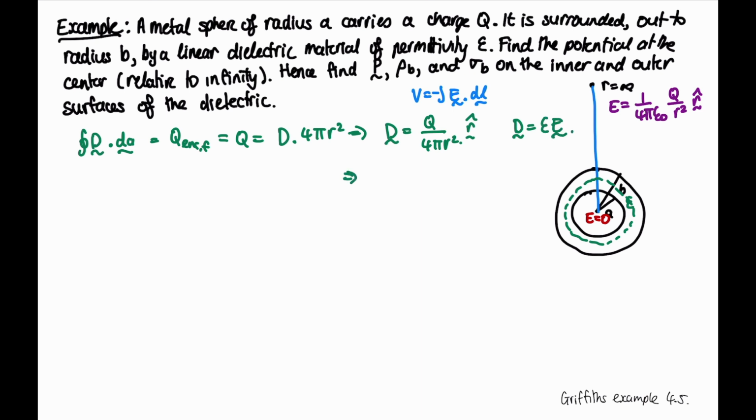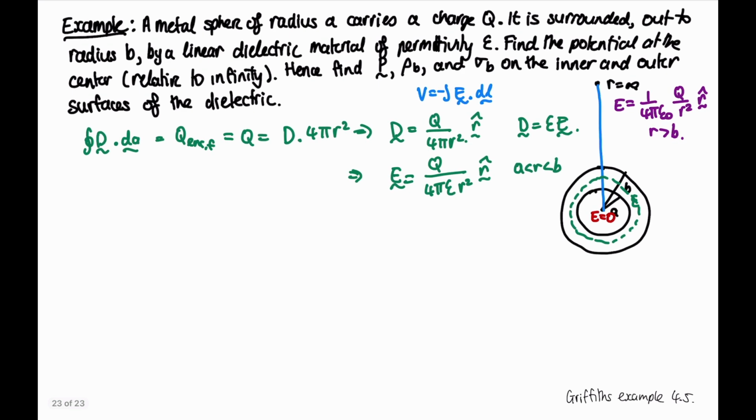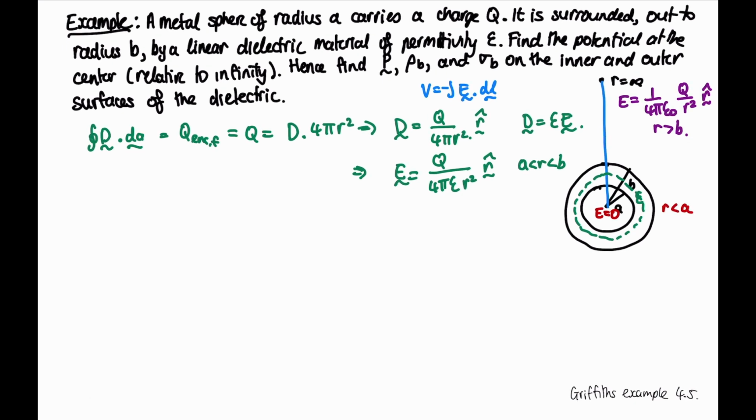So this tells us that the electric field is equal to Q divided by 4 pi epsilon r squared times the radial vector like that. So this is in the region A is less than r is less than B. This purple one is in the region r is greater than B, and this red one is in the region r is less than A.